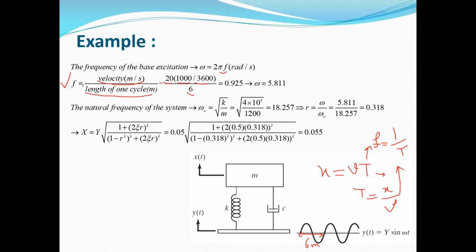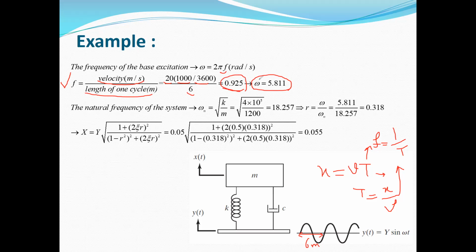Now we can calculate f, which is 0.925 hertz. And now we should convert it into radians per second. And omega, which is f times 2 pi, is 5.8 radians per second. So this is the frequency in radians per second, and this is the frequency in hertz.